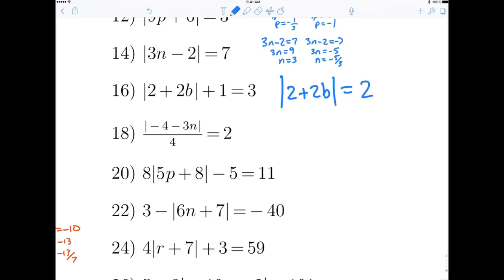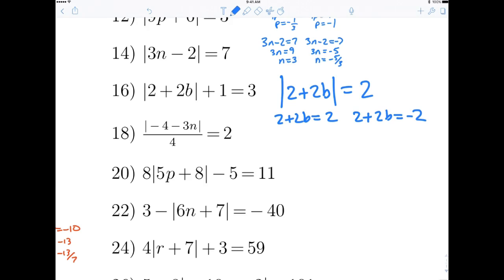All right, so now you're writing them as 2 equations. What would it be? 2 plus 2b equals 2, and then 2 plus 2b equals -2. I always like to do the positive first. You can do the negative first, but I always like to do the plus and then the minus.